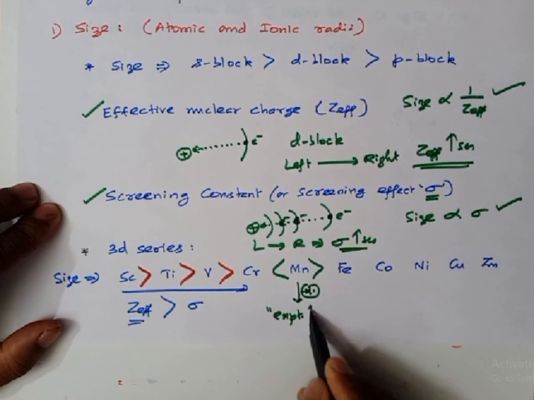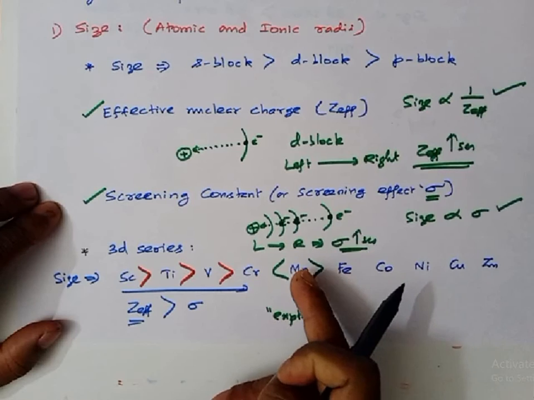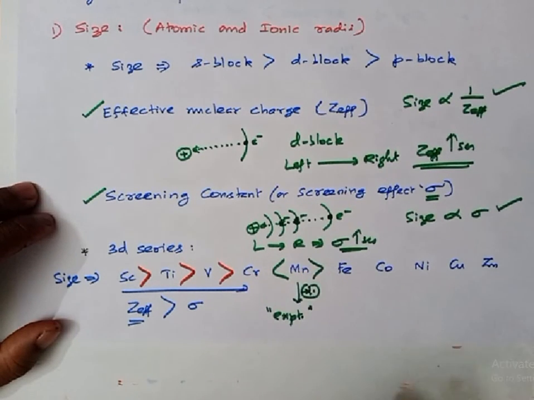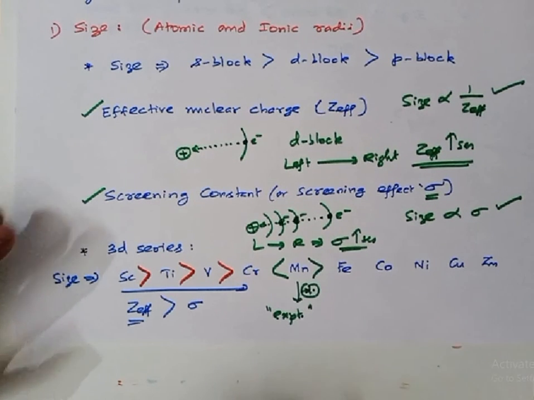The experiment tells that this atom has a little higher size compared to chromium, iron and the nearby elements. What is the reason? The reason is the metallic structure. You know very well, all metals except liquid metals, all other solid metals have a definite crystal structure.